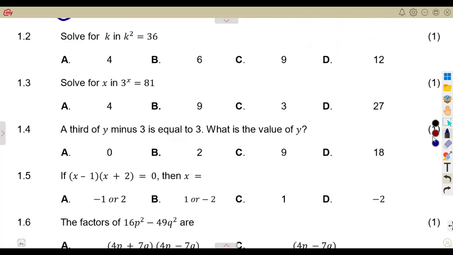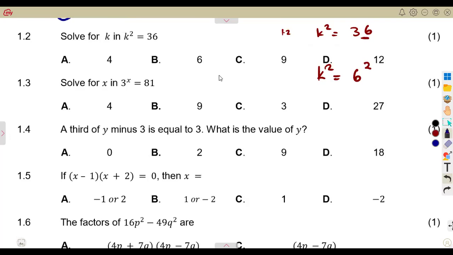So for K, K squared is equal to 36. The question is, can we write this 36 as a number raised to the power of 2? Yes, it's possible. 36 is the same as 6 to the power of 2.